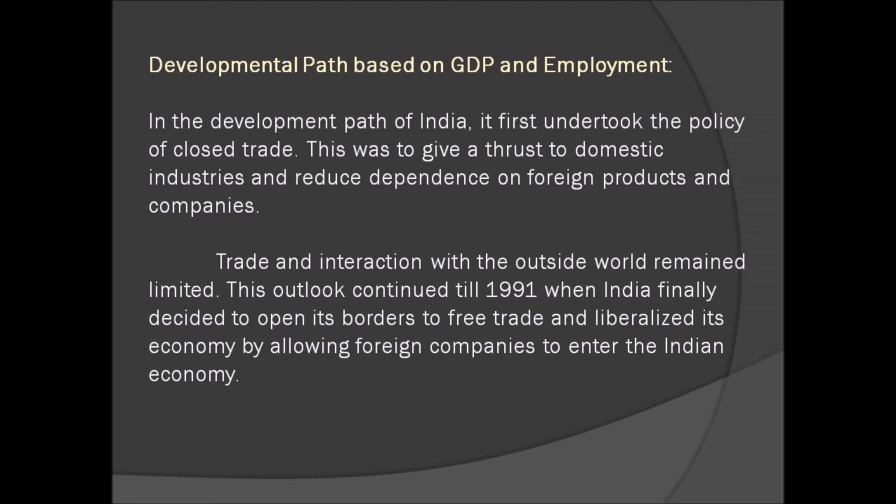In per capita income, India started to move towards the middle income country category. So, from the lower income country category, India started to move towards the middle income countries category.